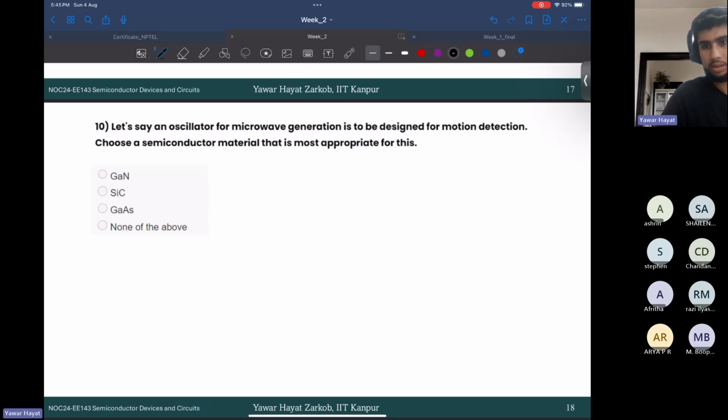Okay, I guess I'll write it myself. So the correct answer is gallium arsenide. Why? The reason is, let me just write it out for you.